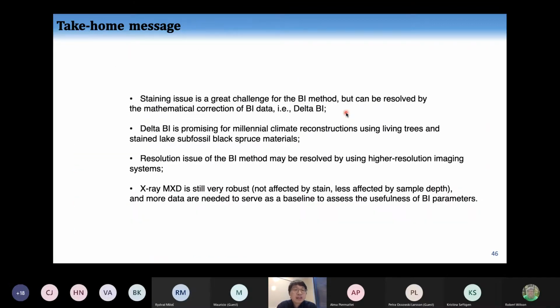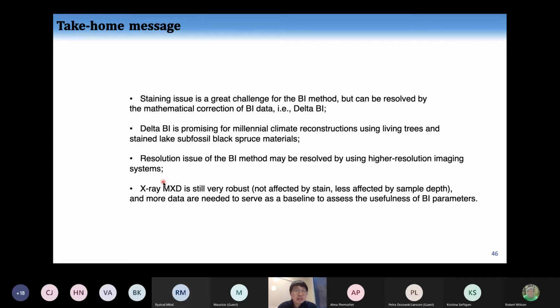So from the above analysis, we should understand that the standing issue is a great challenge for the blue intensity method, but it can be resolved by the mathematical correction of blue intensity data, that is the delta blue intensity. And delta blue intensity is quite promising for millennial climate reconstructions using living trees and standing lake subfossil black spruce trees. The resolution issue of the blue intensity method may be resolved by using higher resolution imaging systems.